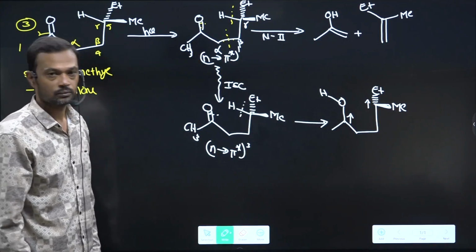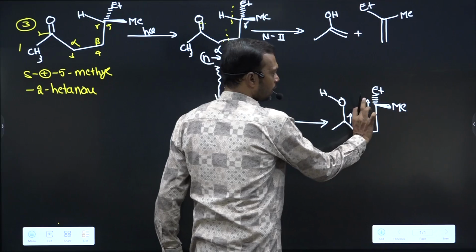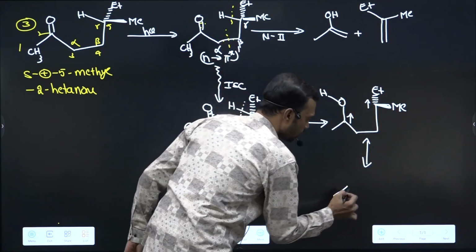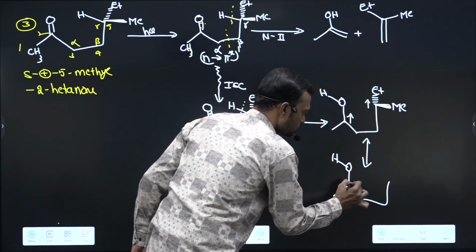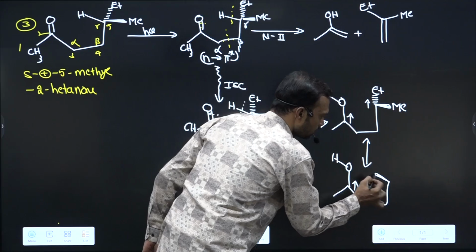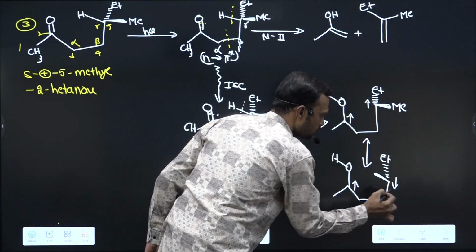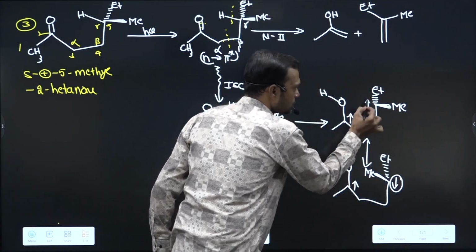Clockwise and clockwise. Okay. So the next possibility. Suppose this electron goes to the opposite side. Now this is reversible inversion of electron spin. Here you will expect OH, and this is clockwise. If I write methyl on the left side, ethyl on the left side, then this will come anticlockwise. This is anticlockwise, here it is clockwise.